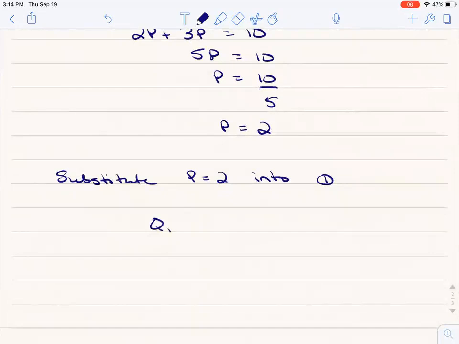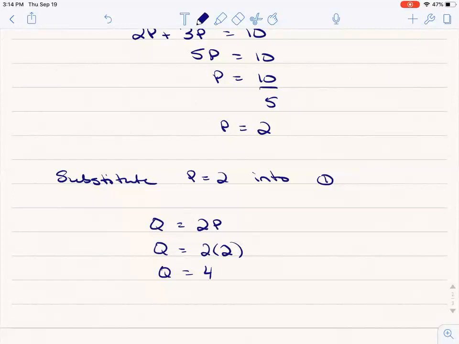So Q is 2P, so Q is 2 times 2, so Q is 4. Okay. So equilibrium is when the quantity is 4 and the price is 2.